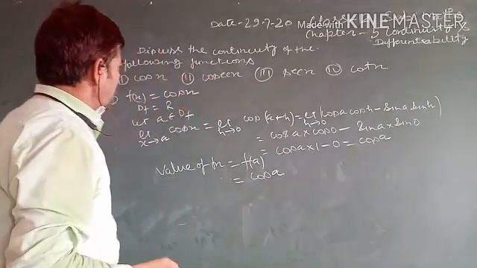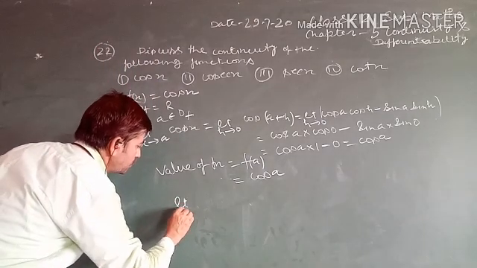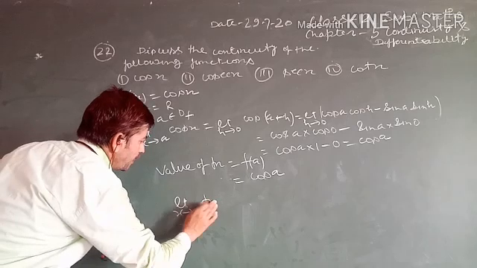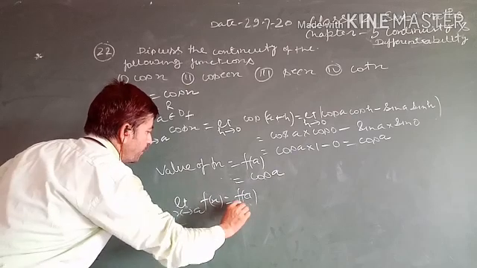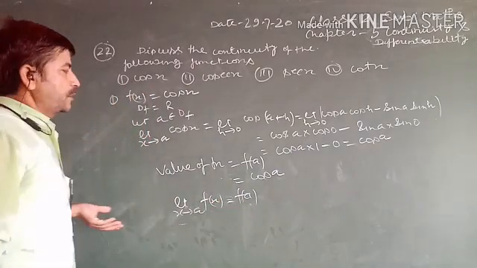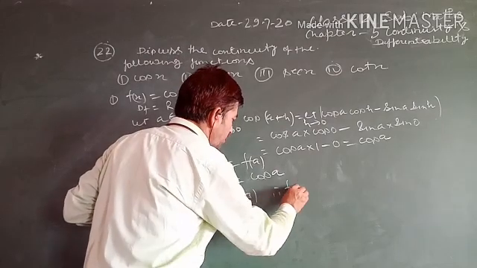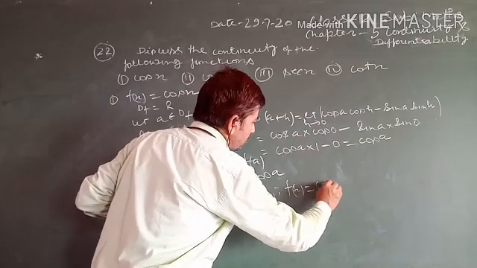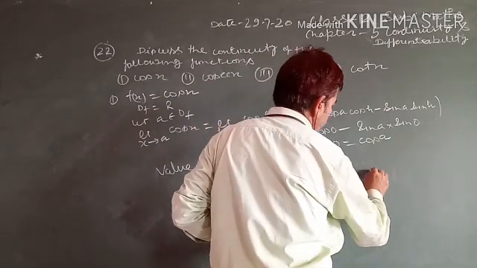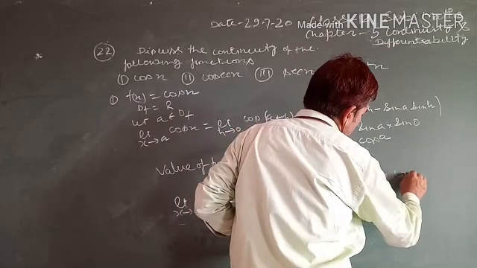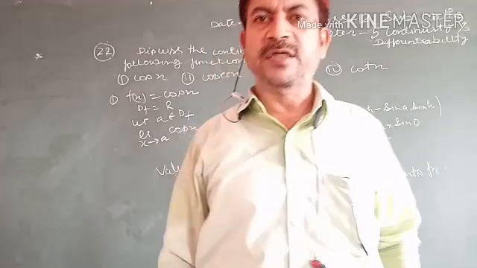Clearly, limit x tends to a f(x) is equal to f(a). Therefore, f(x) equal to cos x is a continuous function.